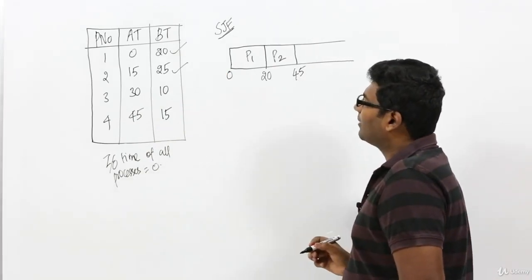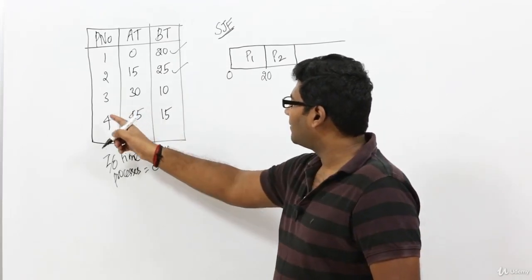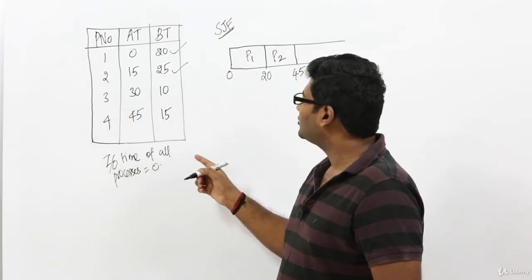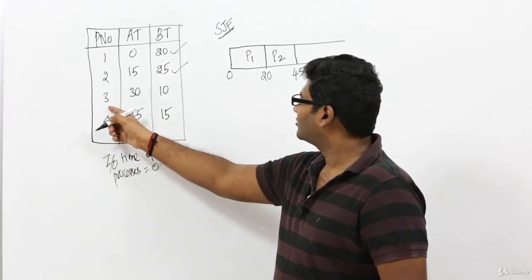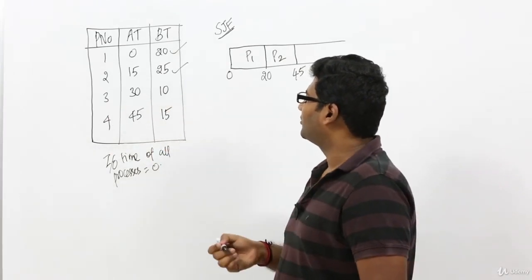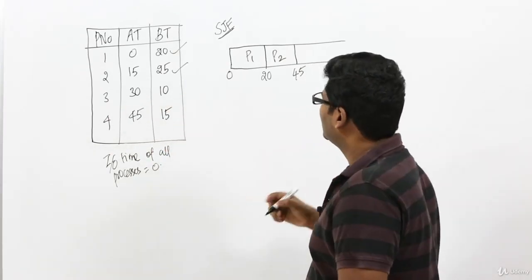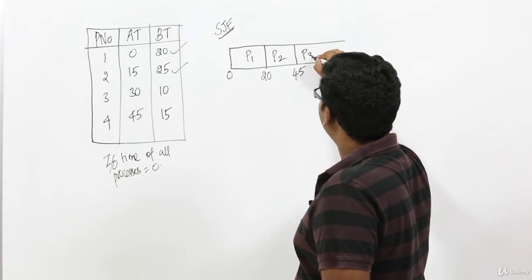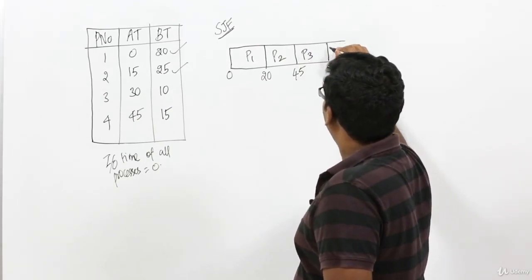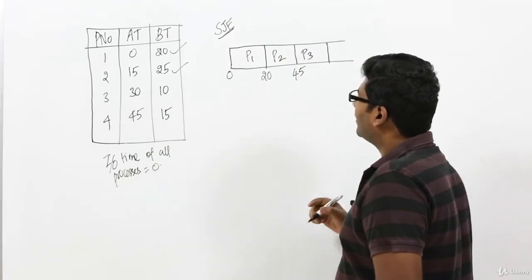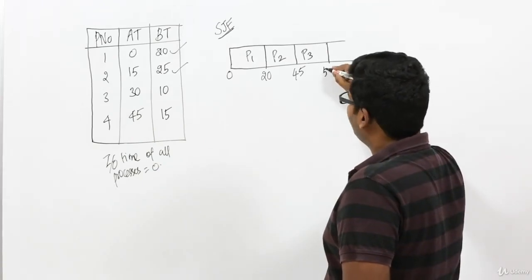Now at time unit 45, both P3 and P4 have arrived, out of which the shortest job is P3, because P3 needs only 10 time units from the CPU, whereas P4 needs 15. So we will schedule process P3 and it will continue until 55.